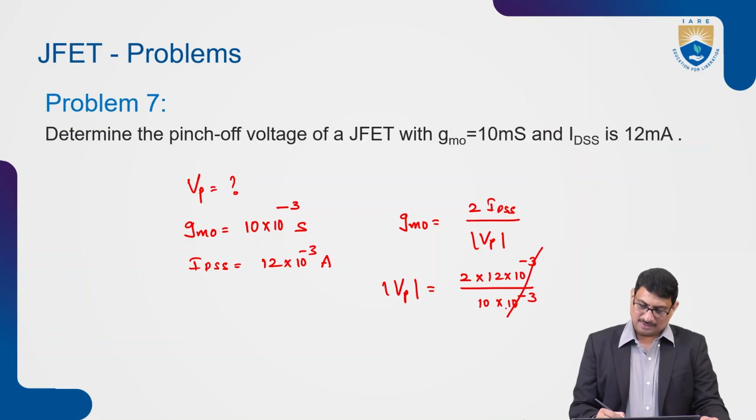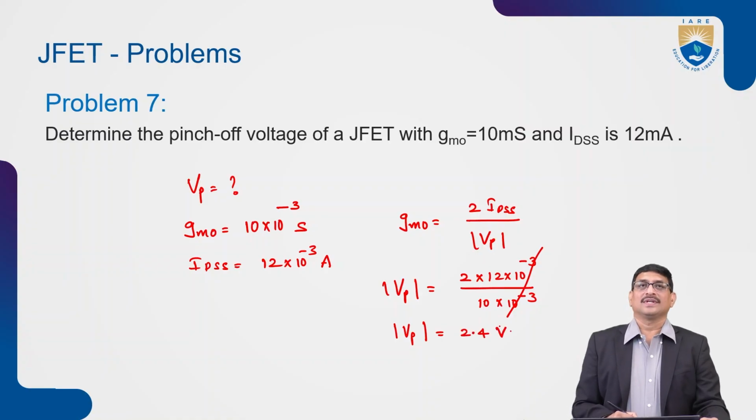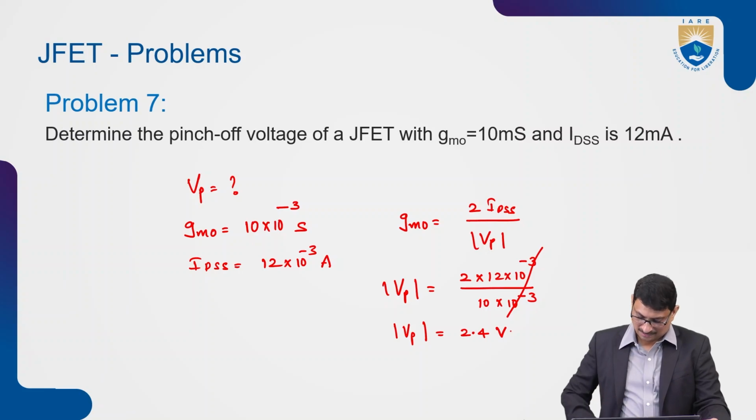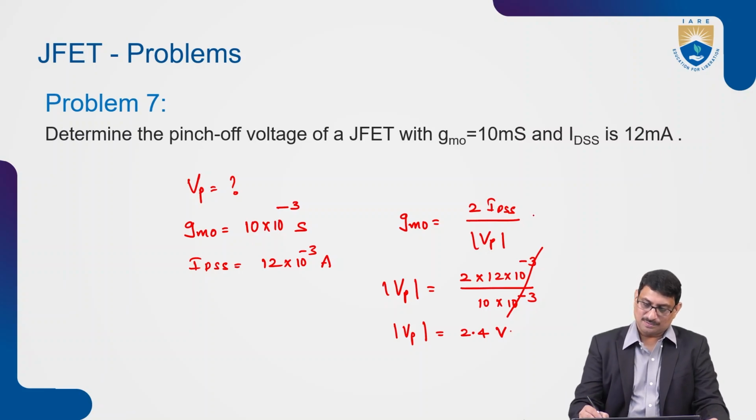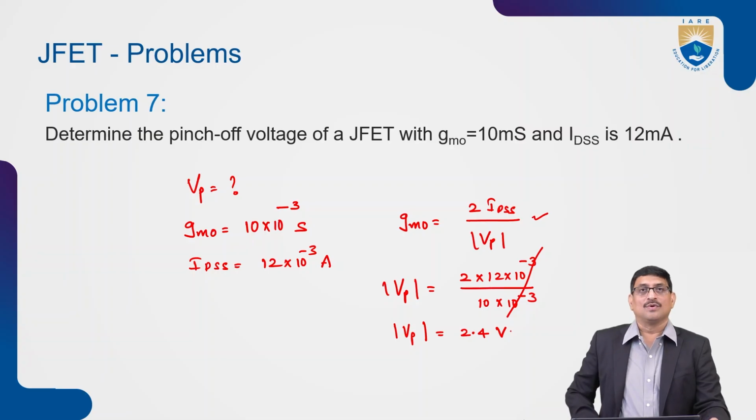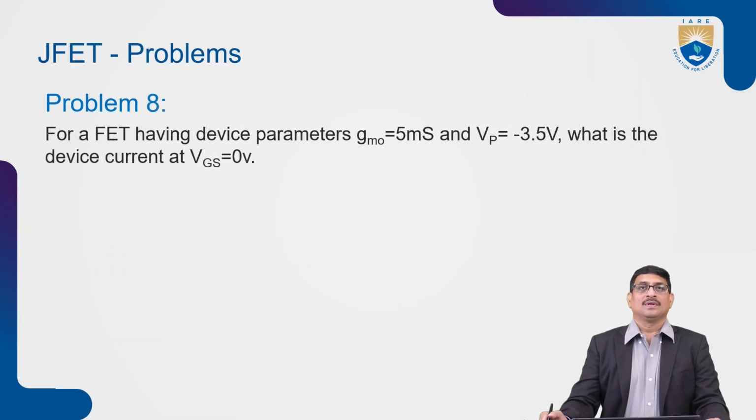The 10 power minus 3 cancels, so the magnitude of VP equal to 24 divided by 10, or 2.4 volts. This is how we can calculate the pinch off voltage from the same expression by knowing GM naught and IDSS. Let's move on to the next problem.